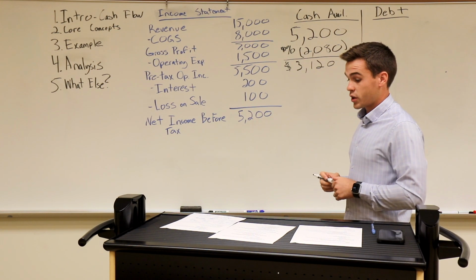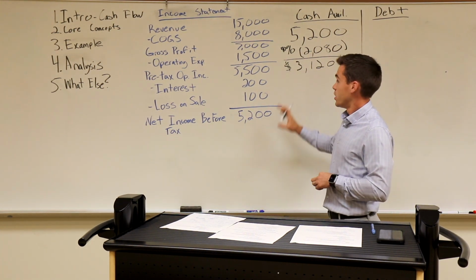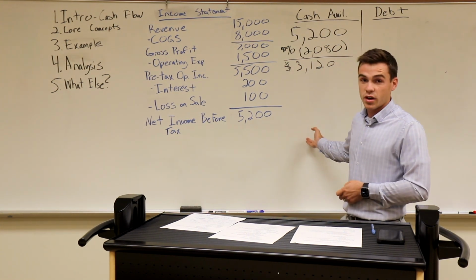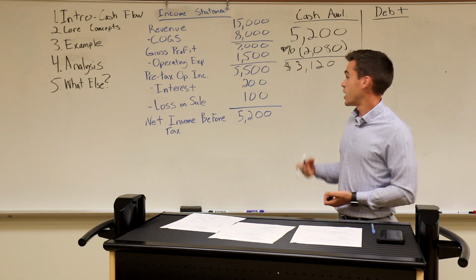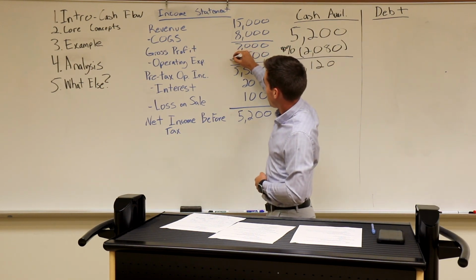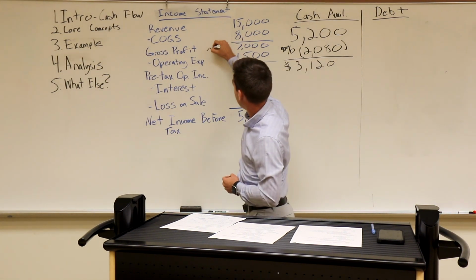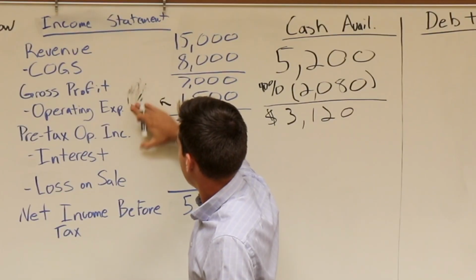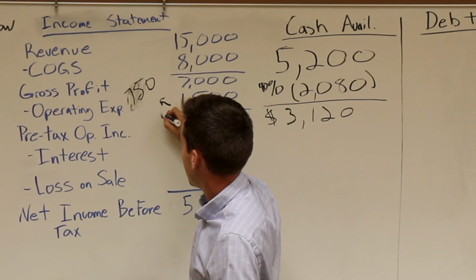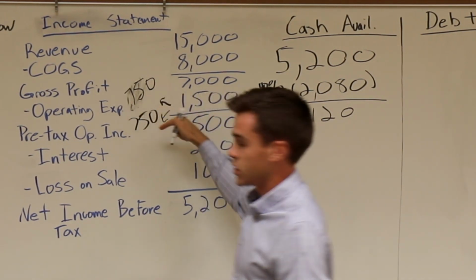So next we're going to talk about those non-cash items that I talked about. Because they are non-cash and we're trying to get how much cash they generated, we have to give them credit for those and add them back. So let's pretend in operating expenses here we have depreciation expense built in of $750,000. And we have amortization expense of $750,000, both non-cash items.